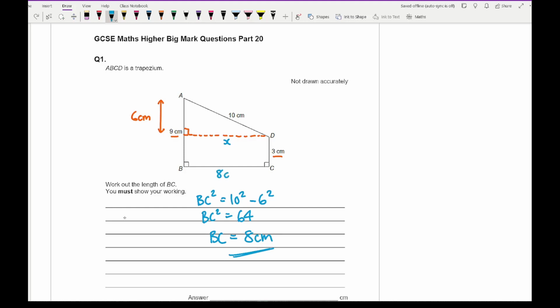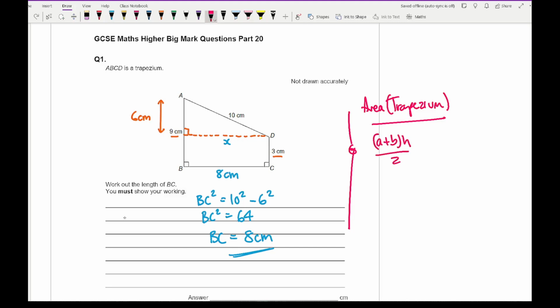Now if I knew that that was 8 centimeters, as a bit of a bonus step I could then work out the area of the trapezium, which is a question that can sometimes easily come up. This would be using the formula of A plus B times H divided by 2.